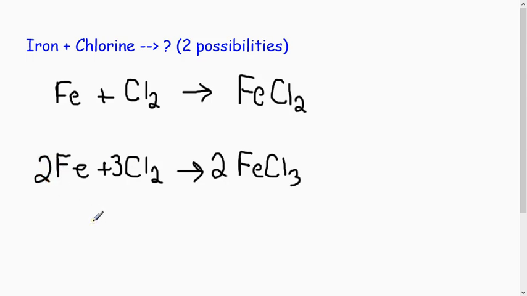So remember, synthesis reactions always start with multiple reactants and end with one product. If you're trying to predict the product, it's going to be an ionic compound. You will need to look up the charges and crisscross them to figure out what the subscripts are going to be.